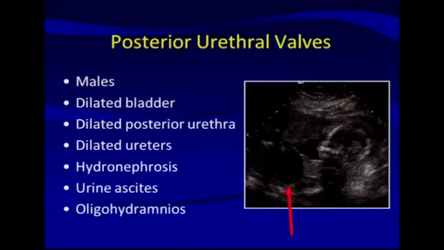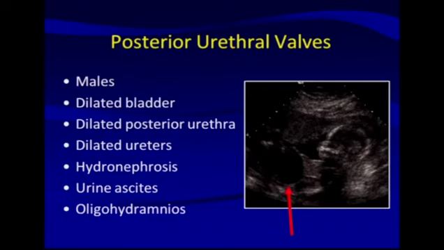Now, posterior urethral valves is probably the most common severe genitourinary abnormality seen exclusively in males, when there is a membrane within the posterior urethra. So everything behind that membrane dilates due to the obstruction. You'll have a dilated posterior urethra, a dilated bladder, dilated ureters, a dilated renal collecting system and hydronephrosis.